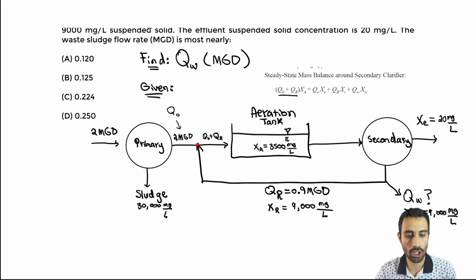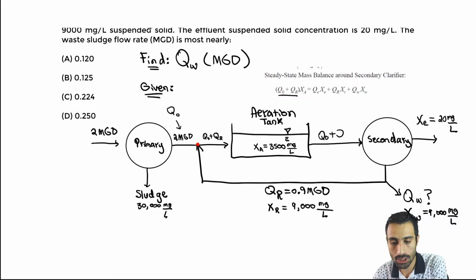So that's going to be the Q naught. This is Q naught. So then we go back, we can apply continuity, or like what comes in has to come out around this point. And then what comes out here will be Q naught plus QR into this whole portion. So that's Q naught plus QR. And this same Q naught plus QR goes into the aeration tank and it has to come out. So it's actually the same as this Q naught plus QR that comes out the tank.